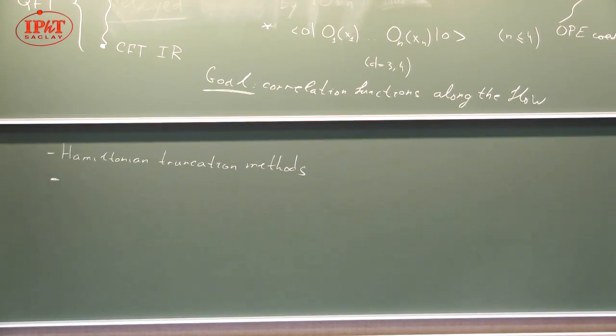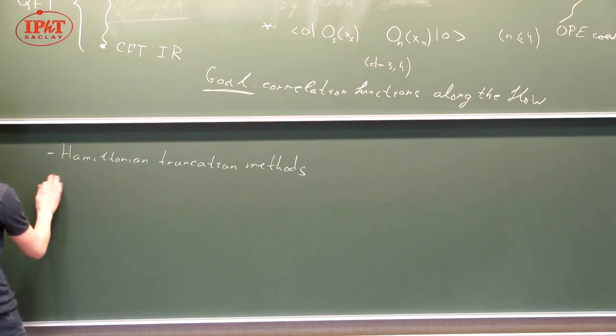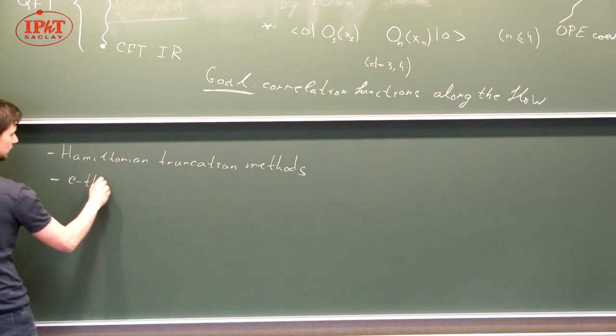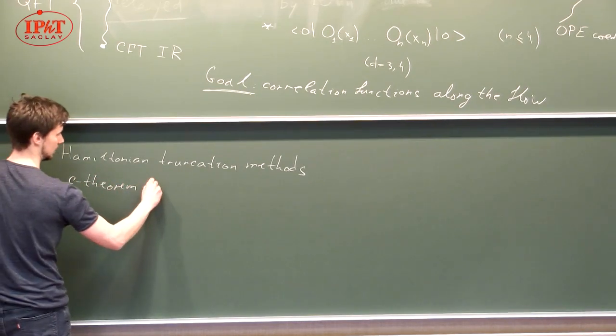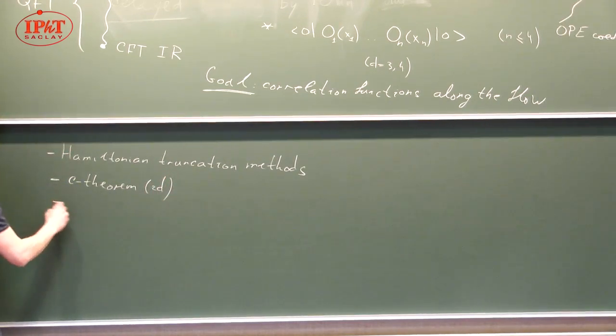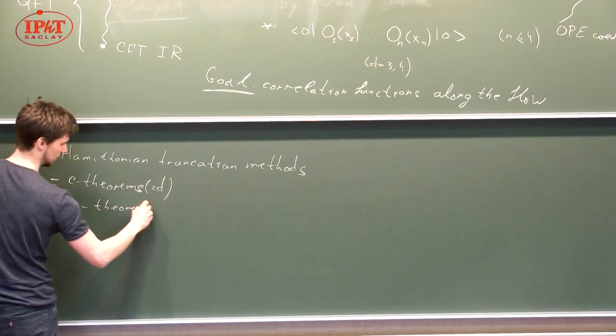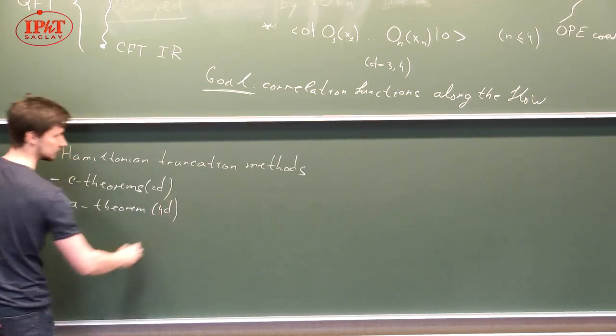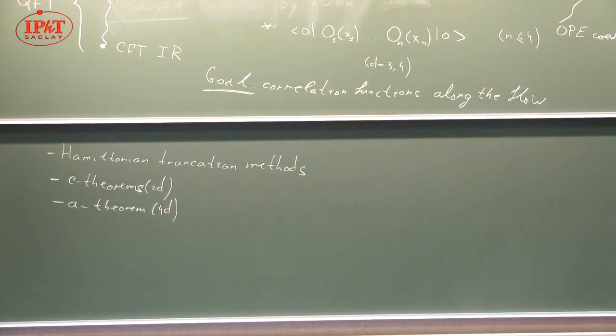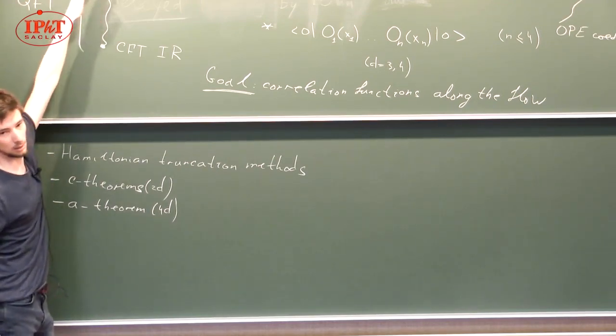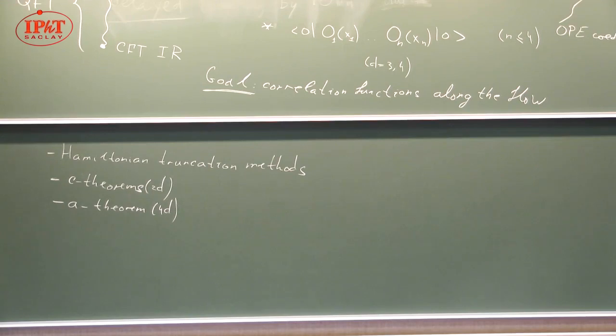But then there are two other tools at our disposal. One is the C theorem in 2D, and another one, well, not the C theorem, C theorems. In fact, we can define two theorems. And the A theorem in 4 dimensions. I will talk about them later, but basically they provide some quantities which can be traceable along the flow, these theorems.